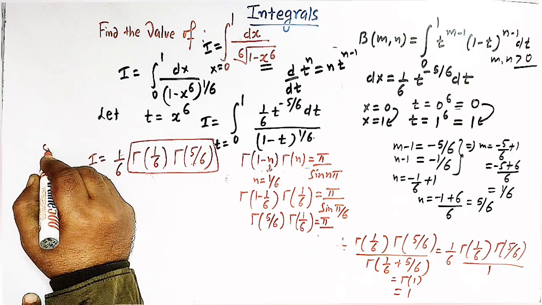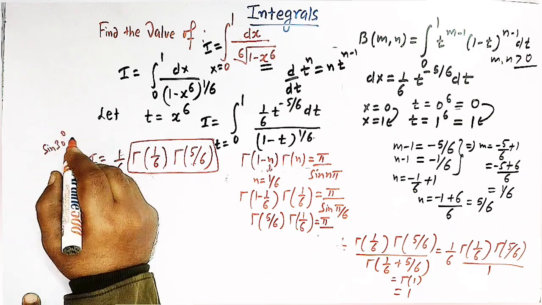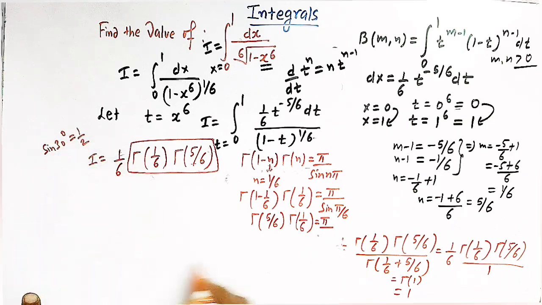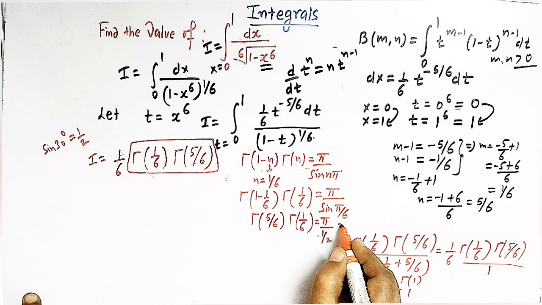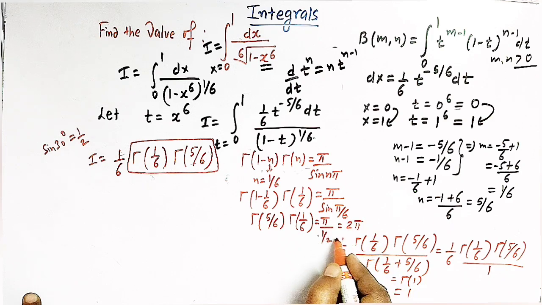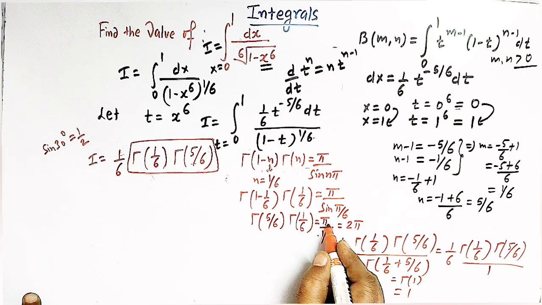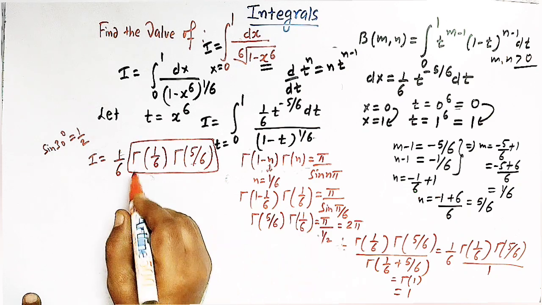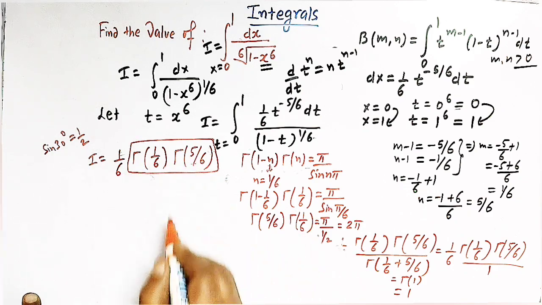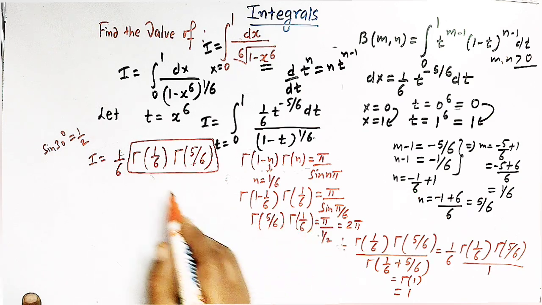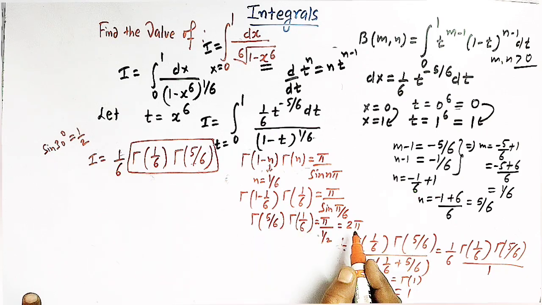Now sine pi by 6 is sine 30 degrees, that is equal to half. So here we have half, so this is equal to 2 pi, taking this 2 to the numerator. So the product of gamma(5 over 6) and gamma(1 over 6) is equal to 2 pi.